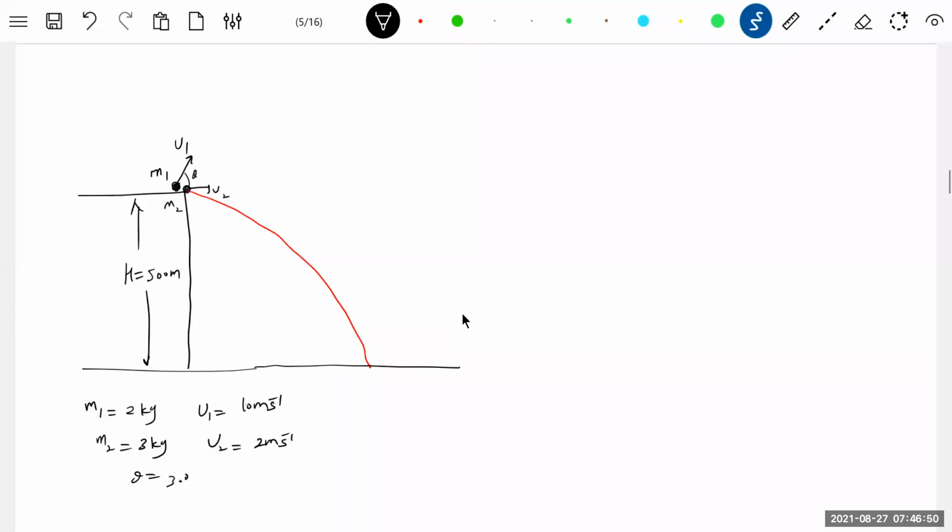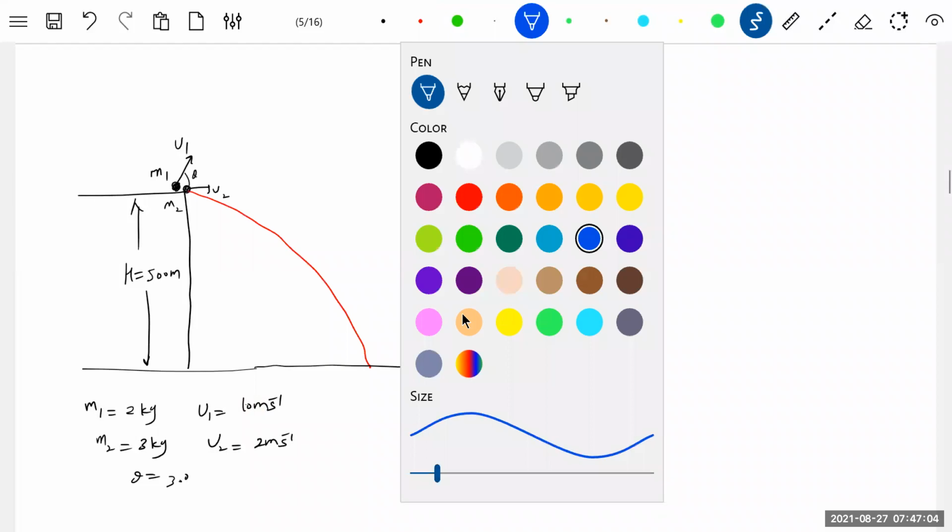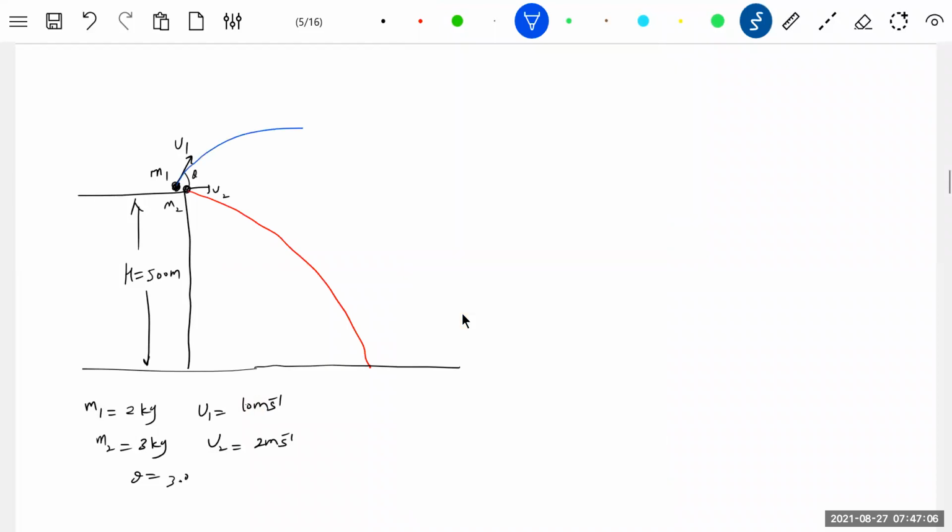The other is going to move horizontally. What about this one, which will have more horizontal velocity? u1 cos theta is 5 root 3. So definitely this particular thing is going to go and strike the ground somewhere here.